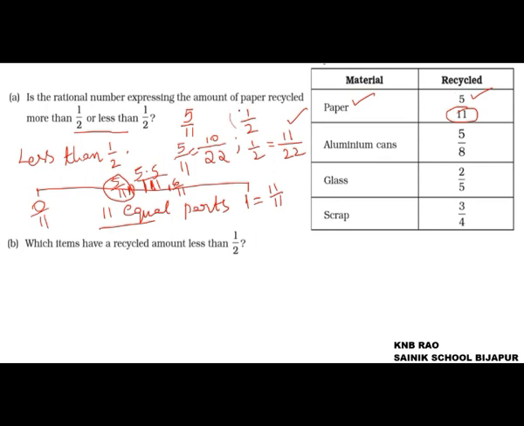Half is nothing but 1 unit divided into 2 equal parts, where the first half is certainly more than 5 by 11, because half is 5.5 by 11, where I can say half is equals to 5.5 by 11. So this common sense also can help us without doing all these calculations, thinking which is greater, which is lesser.